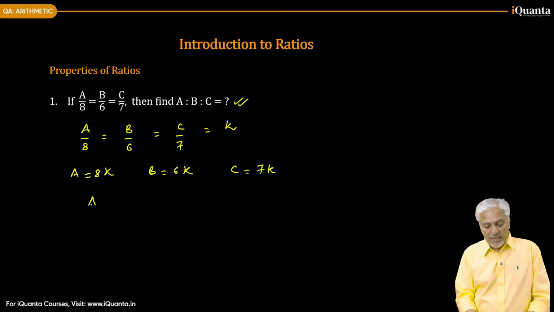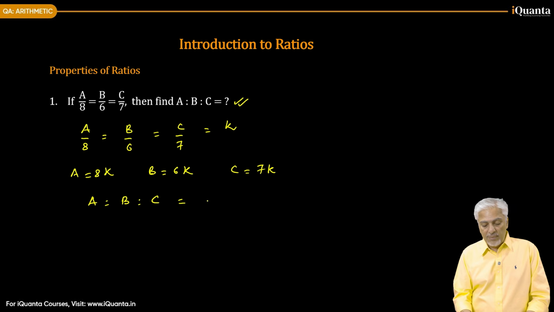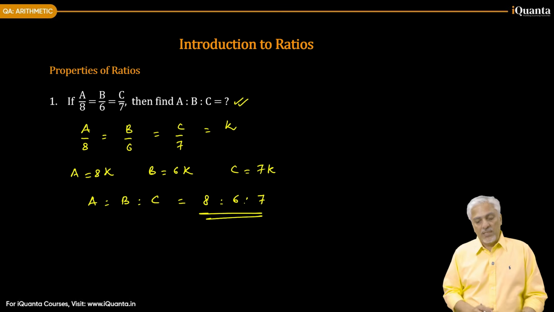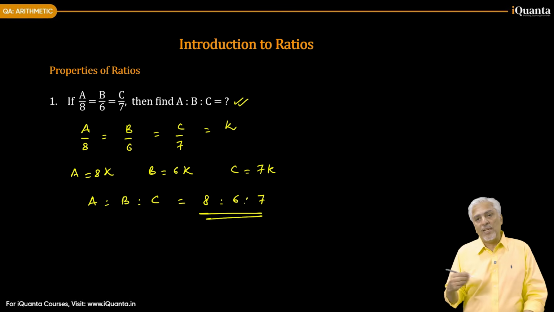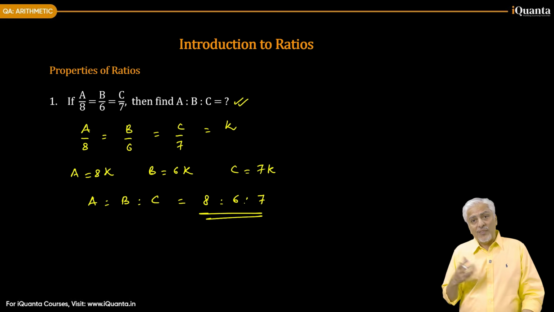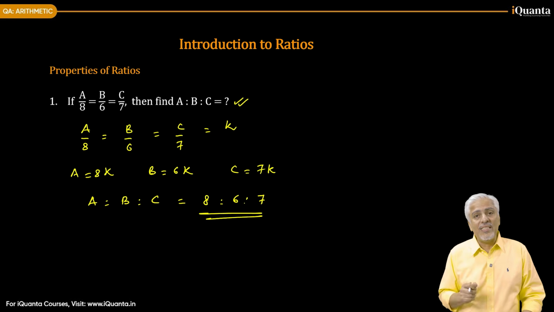And now if I want to find the ratio of a is to b is to c, it will become 8 is to 6 is to 7. Now, this is one approach where I took something equal to k, because when I take the ratio, k cuts out. So instead of taking k, could I have taken something easier?